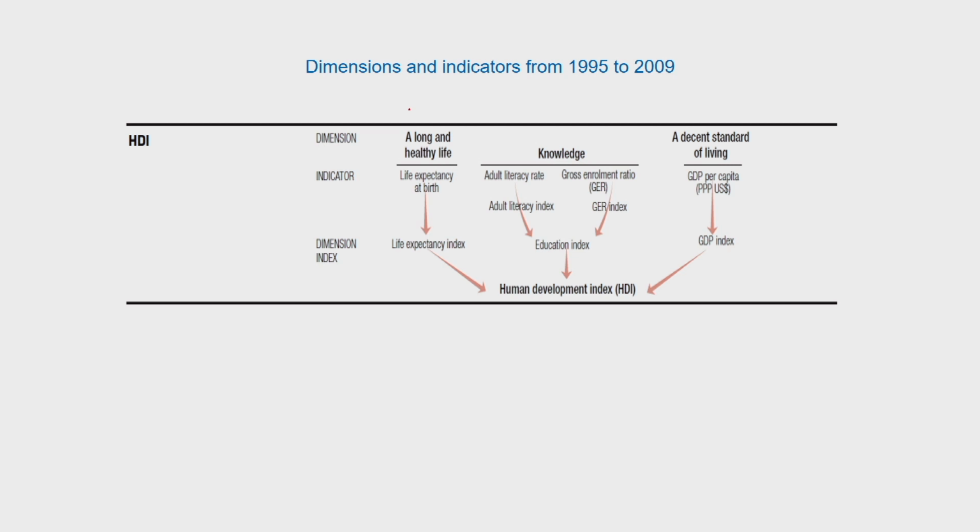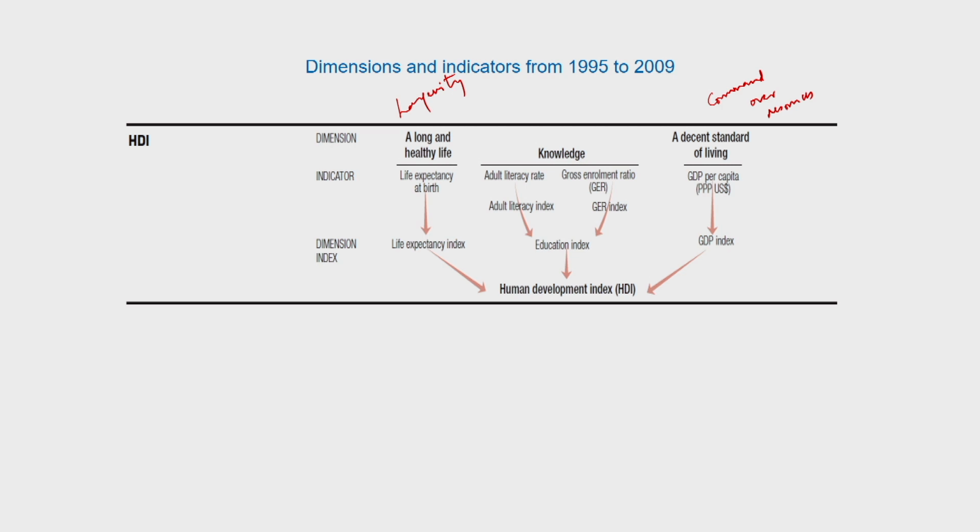In the first 1990 HDR, this was referred to as longevity, knowledge as knowledge, and a decent standard of living dimension was referred to as command over resources. Over time, the dimensions have remained more or less the same.